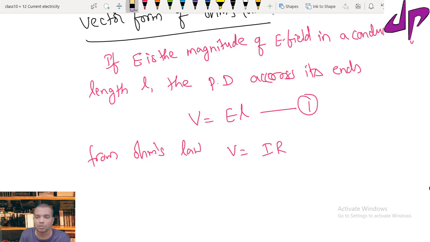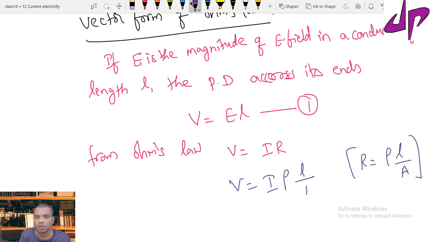Potential V is equal to IR, so we can replace R: V equal to I times rho times L upon A, since R equal to rho times L upon A. Let me take this as the second equation.